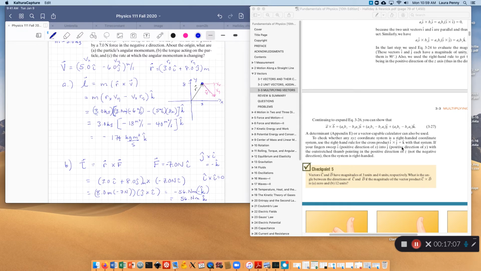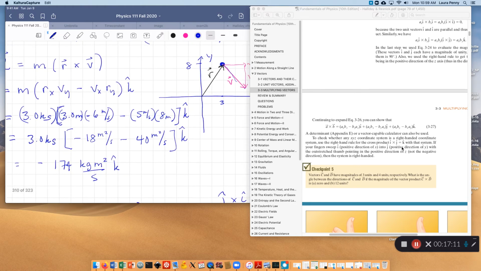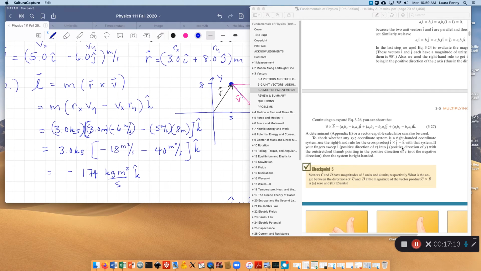I could actually sort of see that. Let's see. So this is getting a little busy up here, but if I really had a force, so I have the velocity drawn, but let me erase this so it looks a little less busy. The force is supposed to be 7 newtons in the negative x direction. So the force is like this, right? 7 newtons.